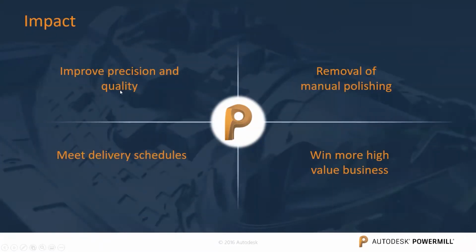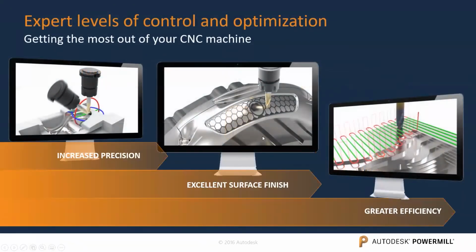So its impact in improving precision and quality is high-quality toolpaths and being able to distribute points evenly. By doing that, we're able to eliminate or remove manual polishing, meet delivery schedules, and win more high-value business. So we're getting increased precision by being able to go in there and really edit just about any toolpath to do anything that you want, while also giving us excellent surface finish with our excellent CAM kernel to generate very smooth toolpaths and do that very efficiently.